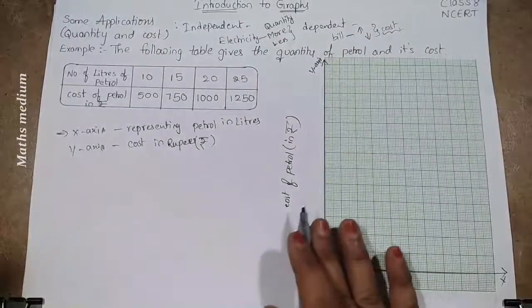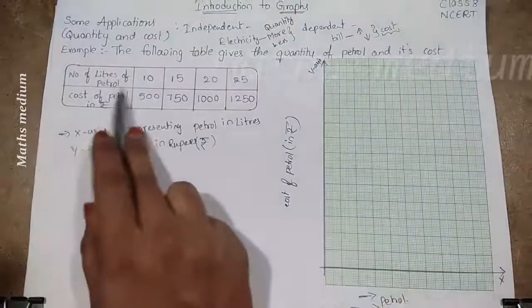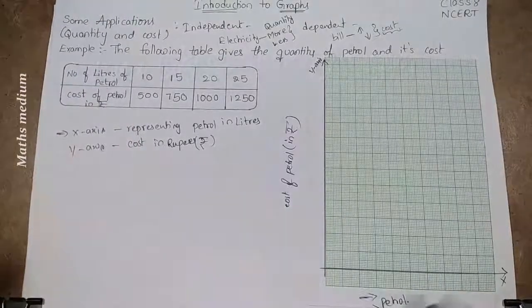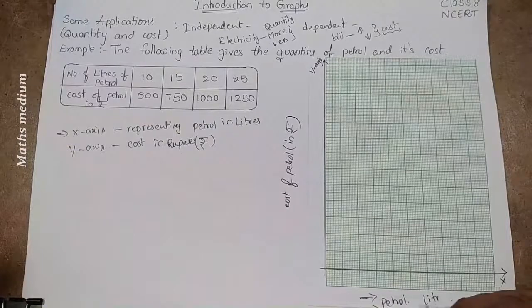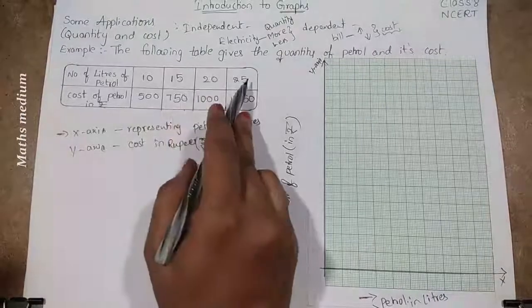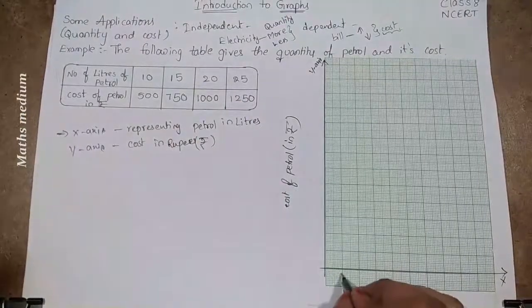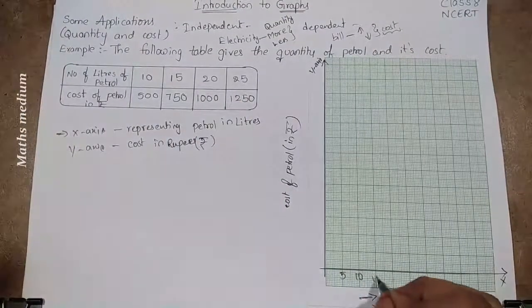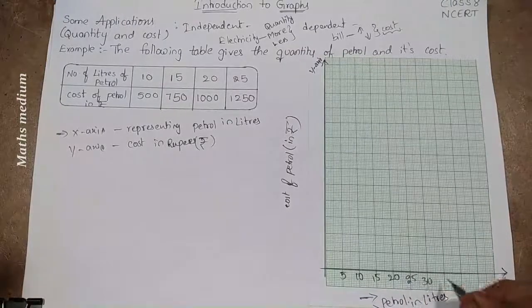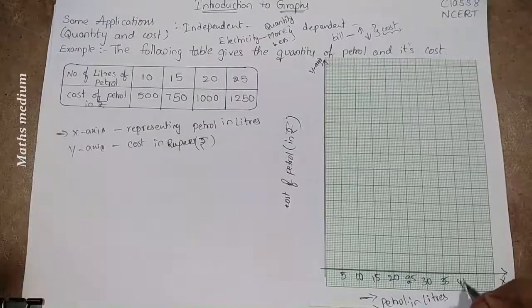So let's see how to draw the graph. Number of liters and cost of petrol in rupees. We are taking the number of liters, so petrol in liters we have to represent. Here 10, 15, 20, 25. So here I am taking 5, 10, 15, 20, 25, 30, 35, 40.